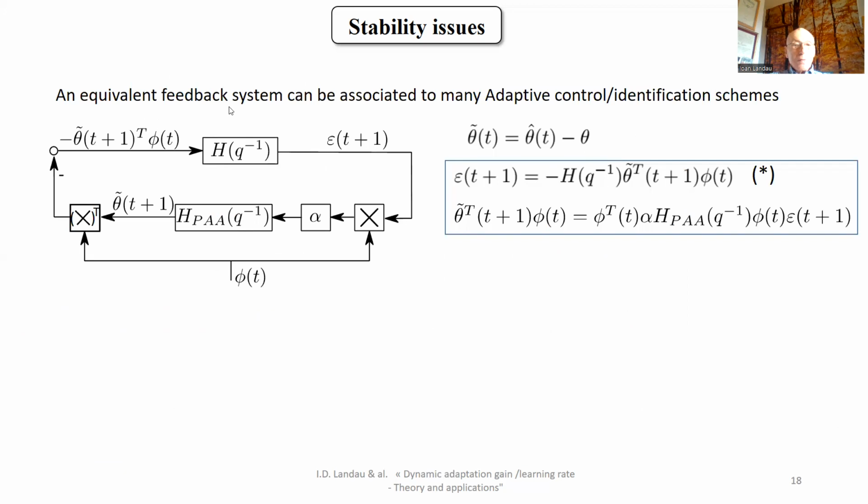Now, an equivalent feedback system can be associated with many adaptive control and identification schemes.